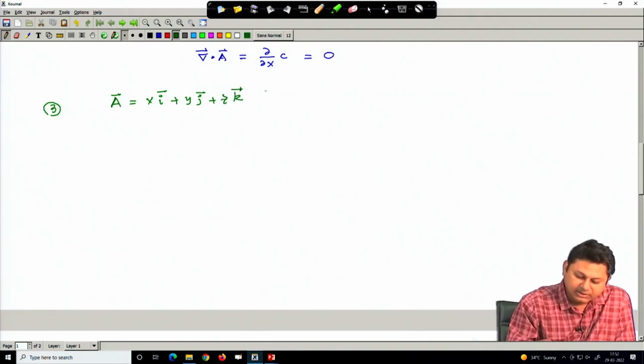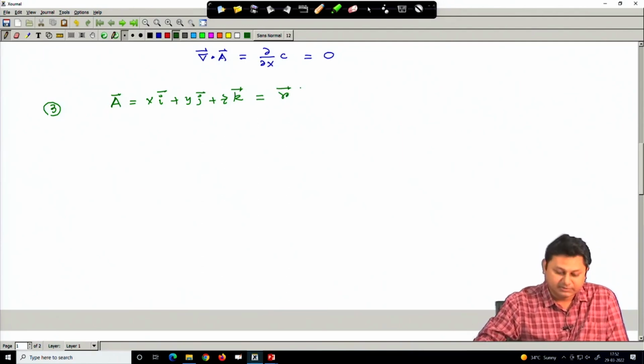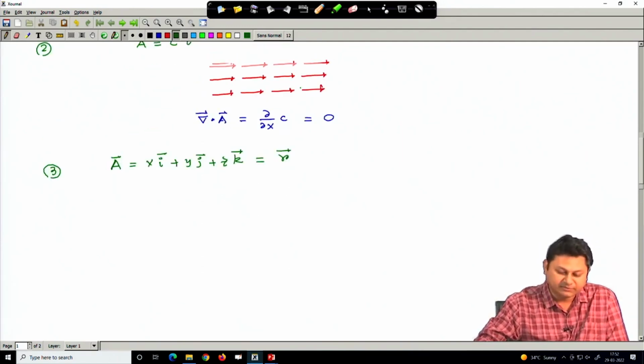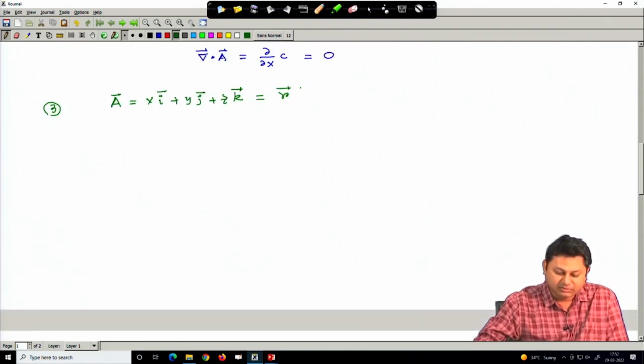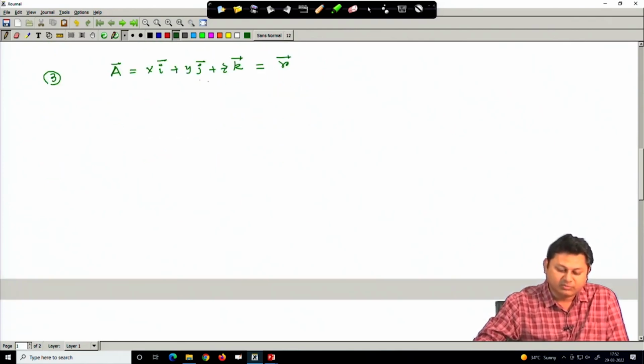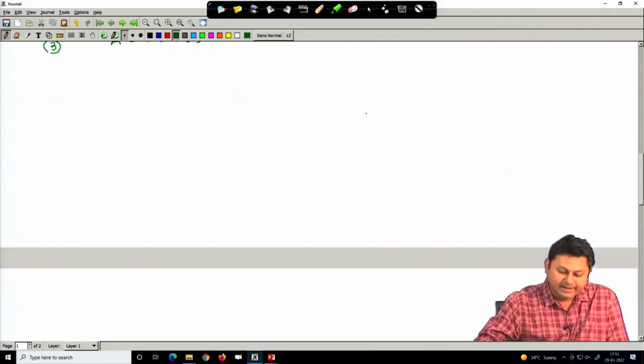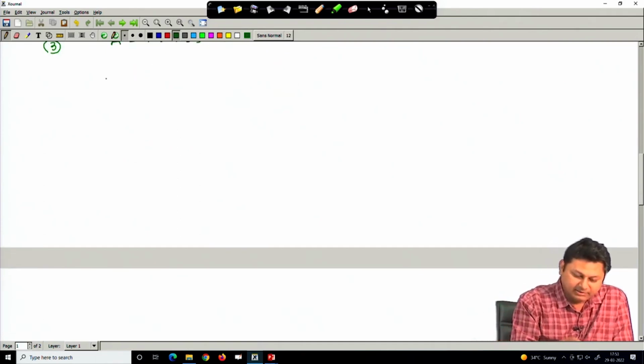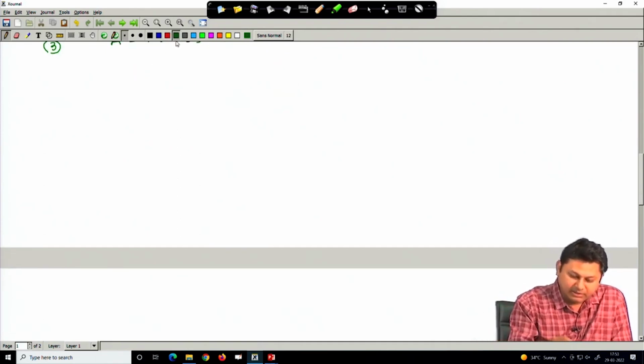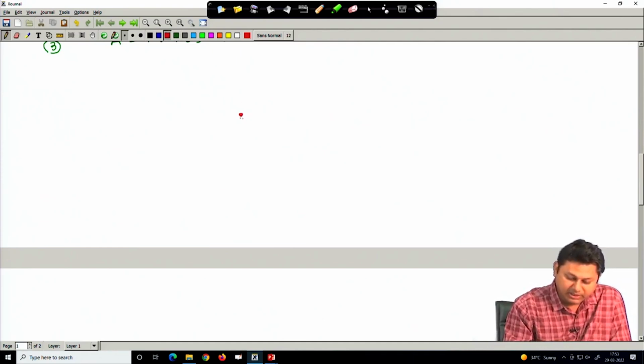This quantity is nothing but vector r, a very important vector field indeed, the simplest 3 dimensional vector field one can imagine, where x, y, z all components are there. If I now draw this vector field, how will it look in 3 dimensions? It is difficult to draw, but I would like to show you a figure later.